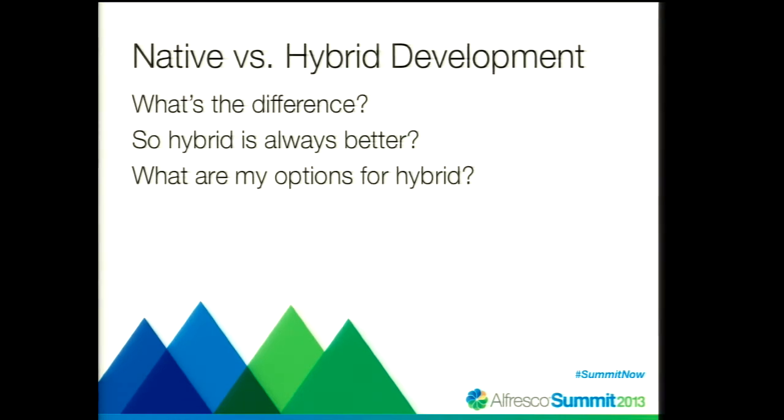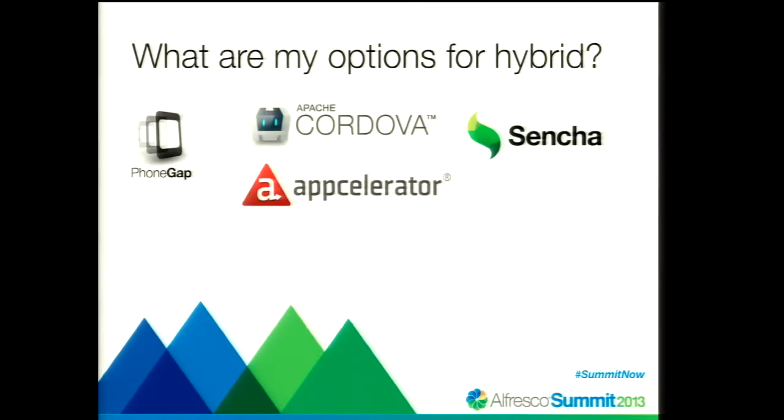So let's assume you want to look at hybrid. What are your options today? Well, there's plenty out there. I'm sure most of you will have heard of PhoneGap and Apache Cordova. They're essentially the same thing. Apache Cordova is the open source, well, they're both open source, but PhoneGap is owned by Adobe and is essentially a rebranded version of Cordova. Sencha is another rebranding of Cordova, and they have the Sencha Touch APIs that sit on top of that.